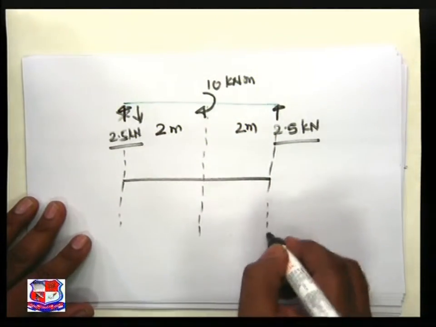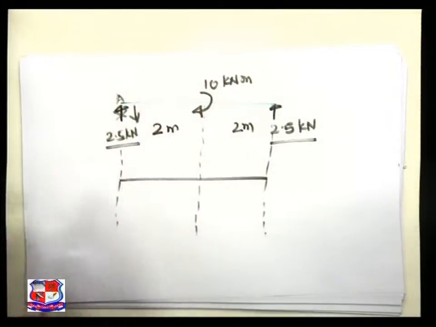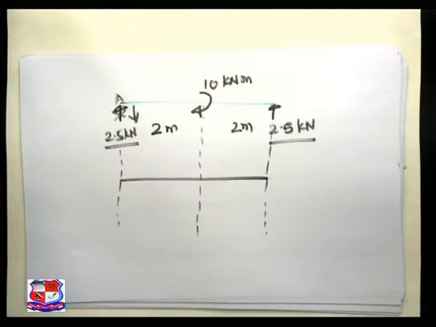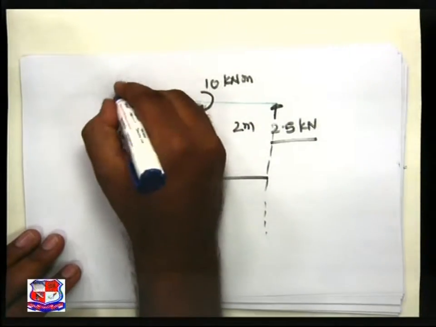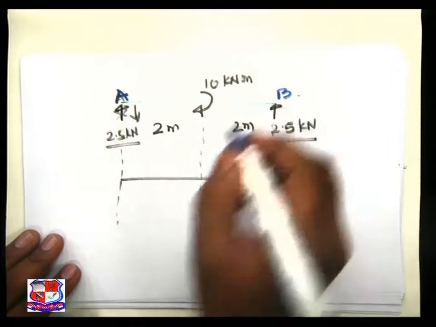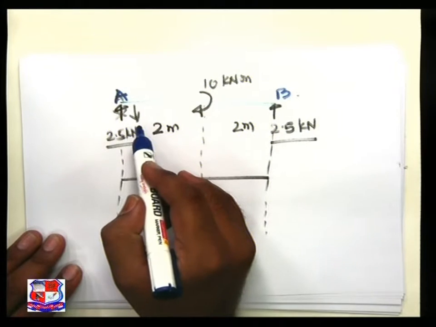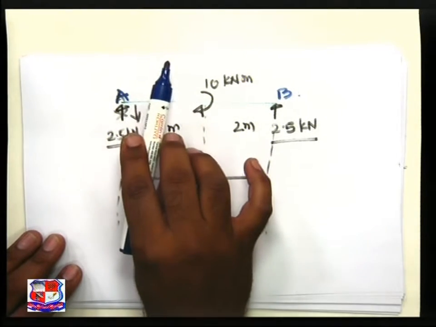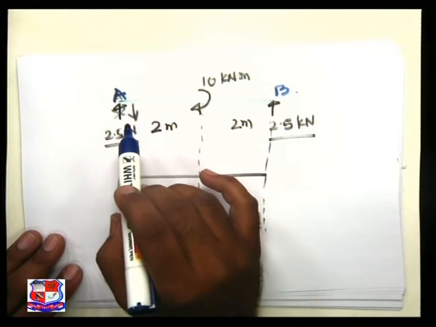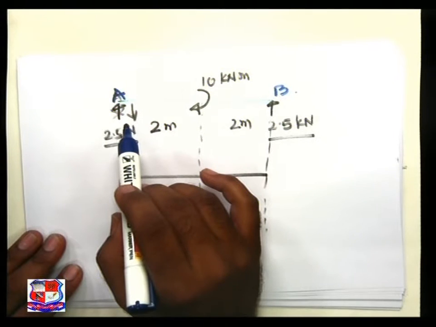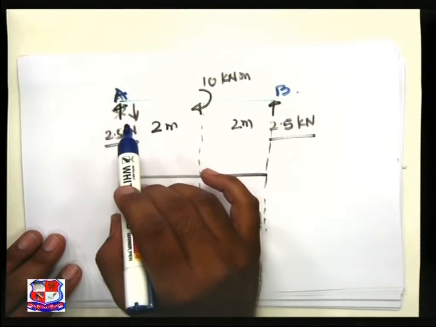Now let us recall step number 1. Shear force at A. This is my joint A, and this is B. At joint A, the reaction is in the downward direction, and as I stated earlier in the problems, for a simply supported beam, the reaction at the support directly gives us the value of shear force at that particular point.